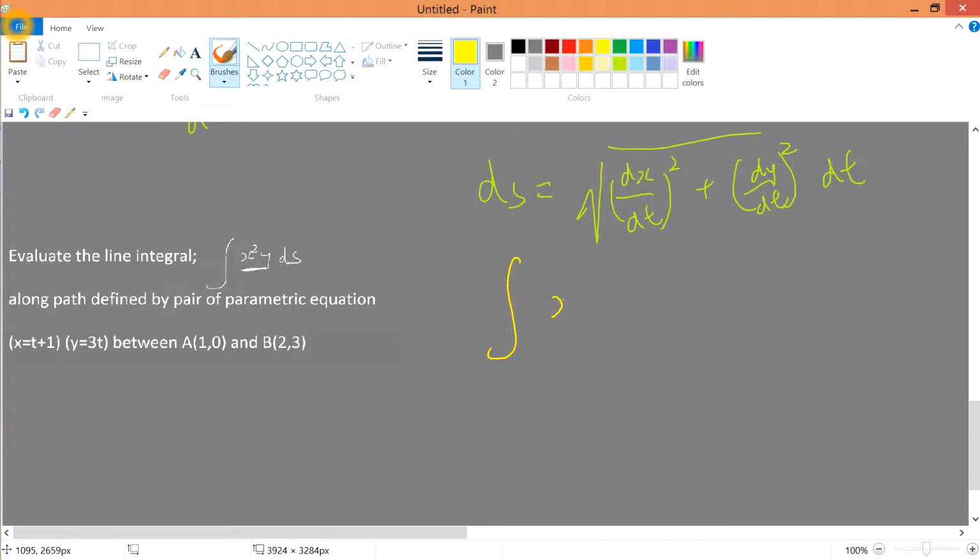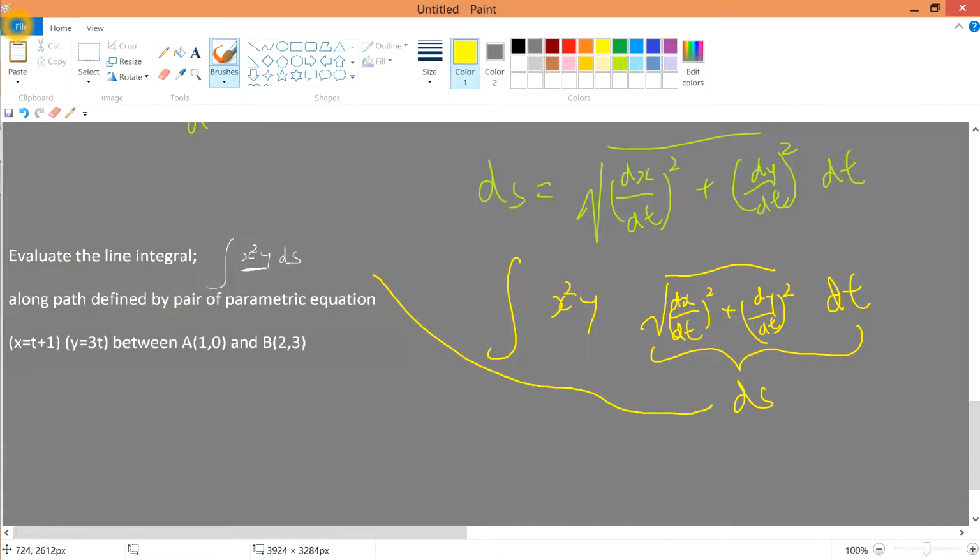So I have x squared y, and ds I'll just replace with the square root of (dx/dt) squared plus (dy/dt) squared, times dt. This whole thing is just ds, which is what the question is. I'm just replacing ds with this one, simple as that, right? And now you're going to solve for dx over dt and dy over dt. As you can see, we have an x equation and a y equation. You just differentiate.